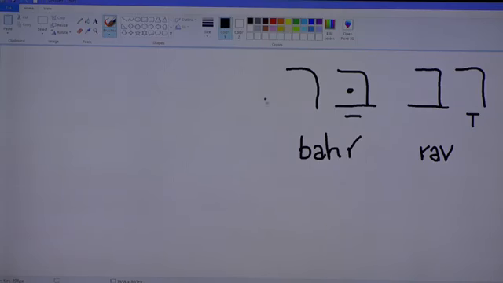Now we have already a word you're going to need to know a lot. We need a daled. We need a bet. And we need a resh. And I'm going to add a patach and a tzere.